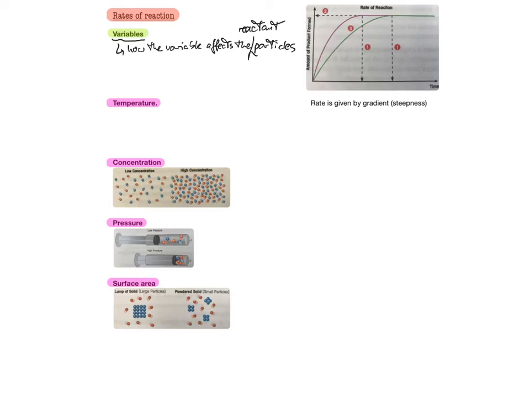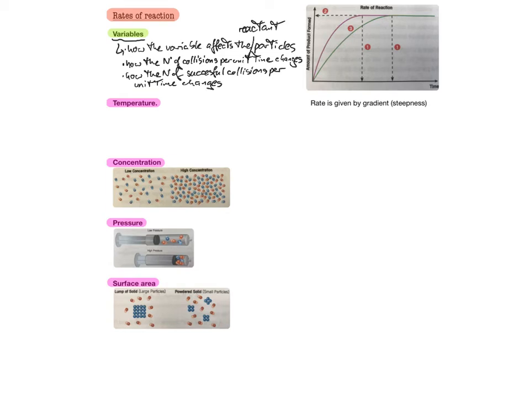What we need to know is how the variable affects the particles, because if we know how the variable affects the particles, we can see how the number of collisions per unit time changes or is affected, and therefore we can work out how the number of successful collisions per unit time changes.